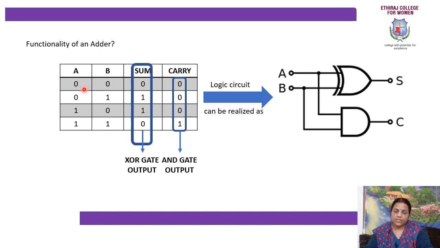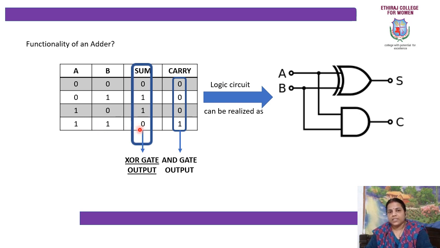Along with 0 plus 0, 0 plus 1 and 1 plus 0, there is no carry or extra bit generated. So it will never produce any carry. But coming to the fourth combination, whenever we add 1 and 1, it will generate the result 1 0, because 1 plus 1 is 2, and 2's binary equivalent is 10.